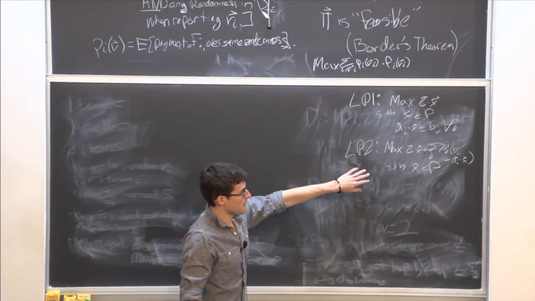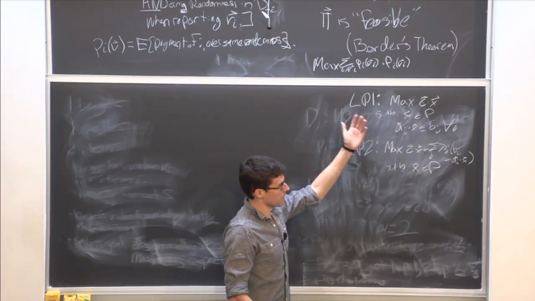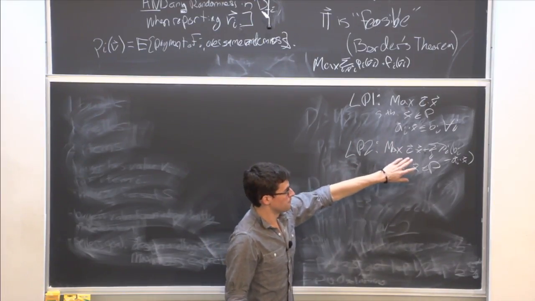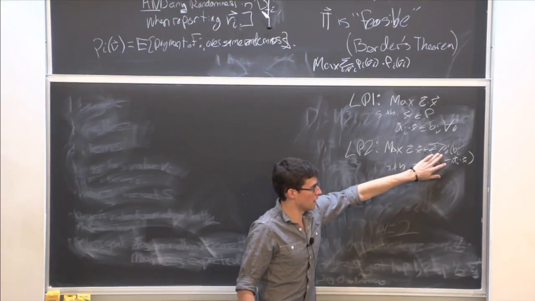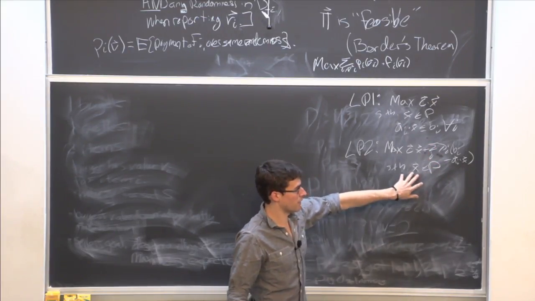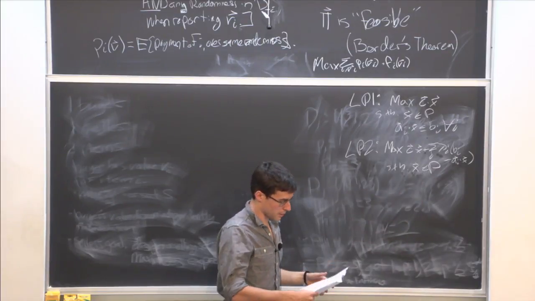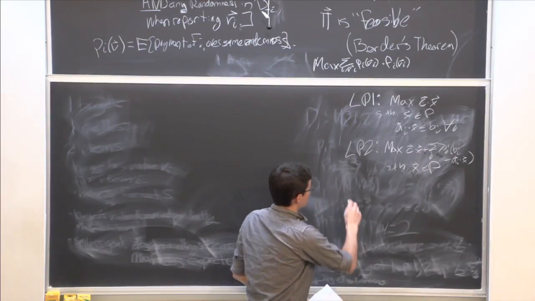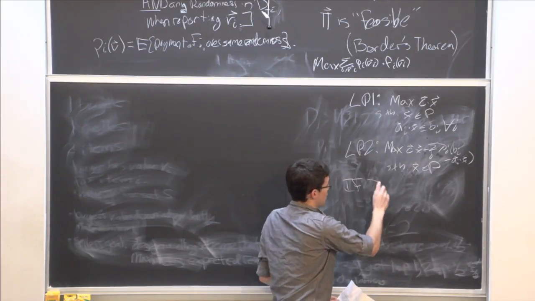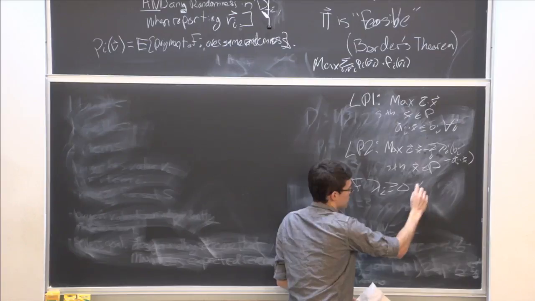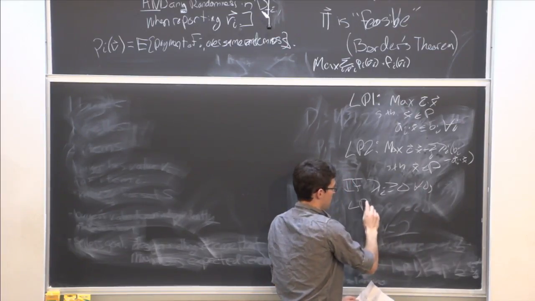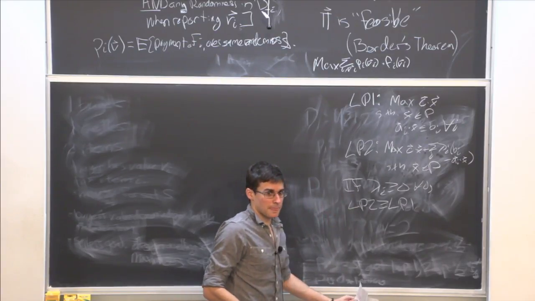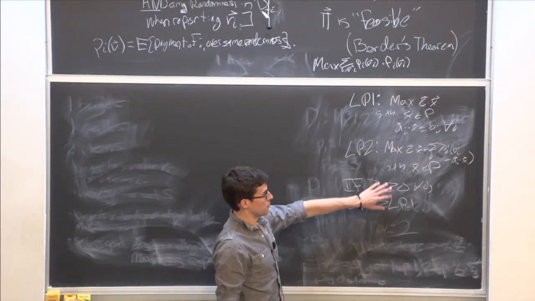The second one, if you already know Lagrangian multipliers, all I'm saying is that I've taken Lagrangian multipliers on these constraints, but I've left these in the feasibility. And there's an easy theorem that says that if lambda_i is greater than or equal to 0 for all i, then the value of LP2 is at least the value of LP1. This is actually super easy to see.